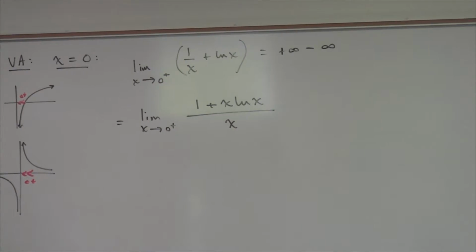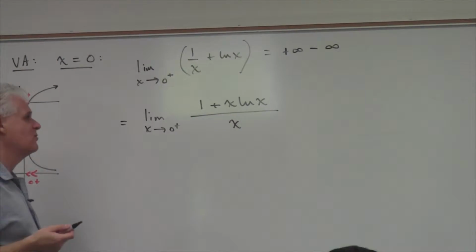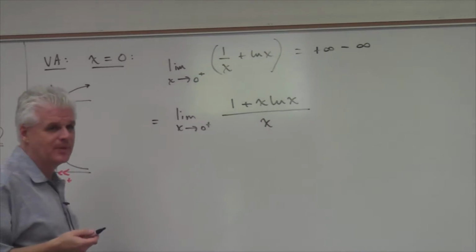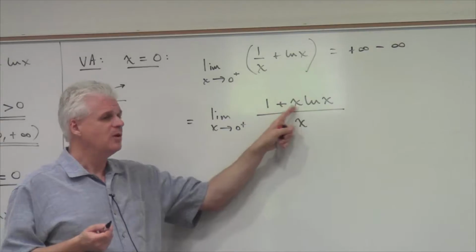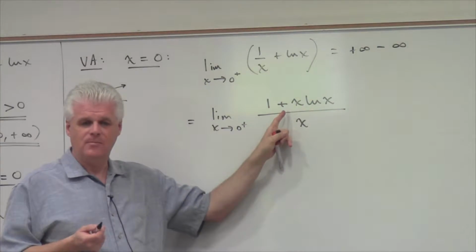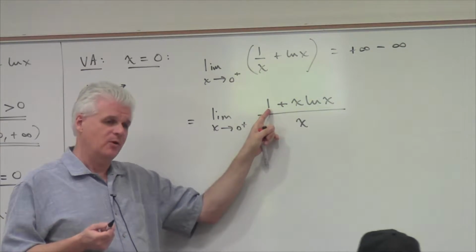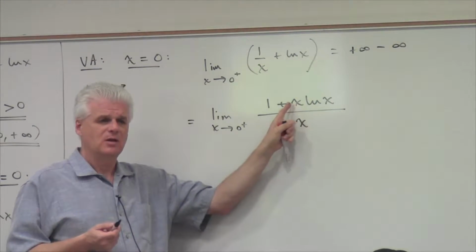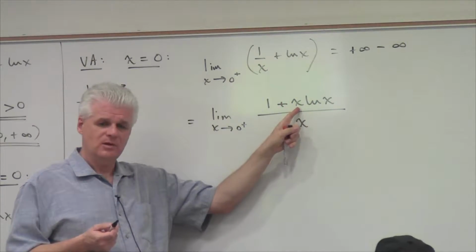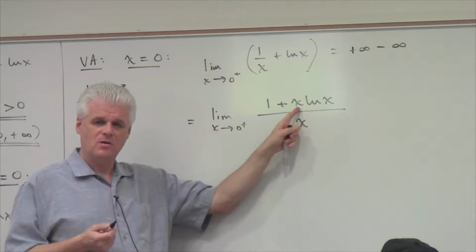Okay? Now as you head towards 0, it's even more complicated, because the bottom's heading for 0, but what's the top heading for? That 1, all right, fine, but what about this part? Where's that heading towards? Isn't that another indeterminate form that's shown up there?